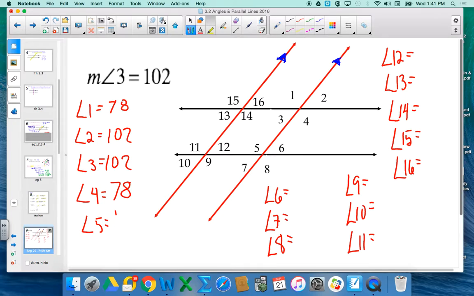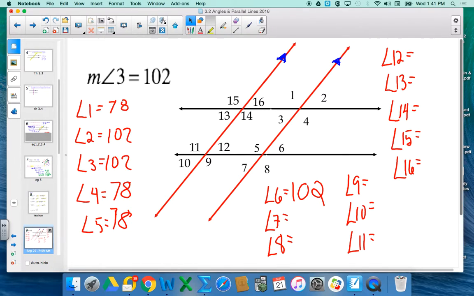They're vertical. 1 and 5, what are they? They're corresponding. Okay, good. That's correct. Number 6. Alright, good. Angles 3 and 6 are alternate interior.